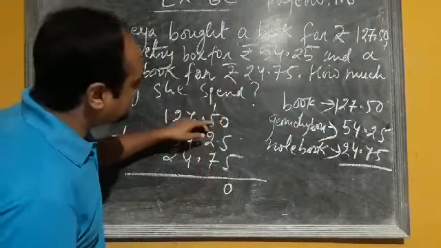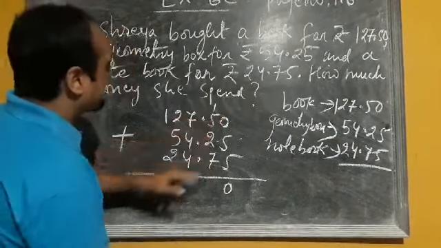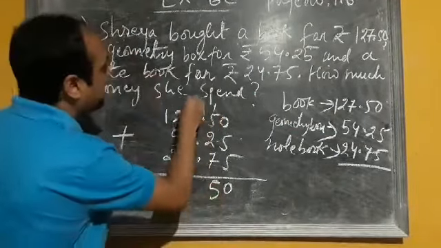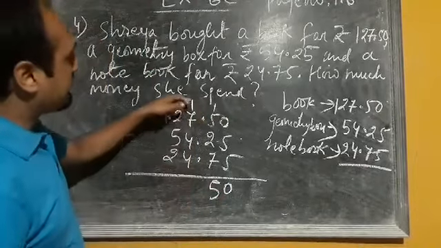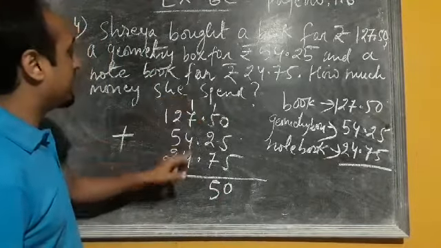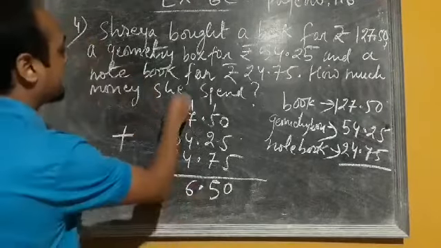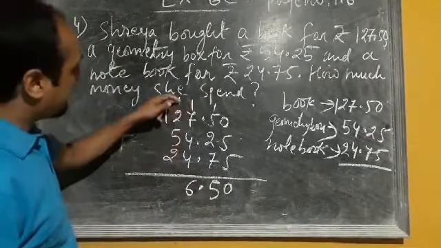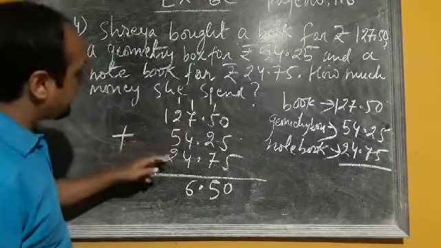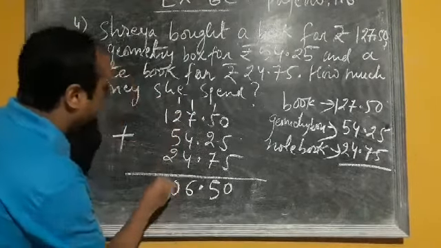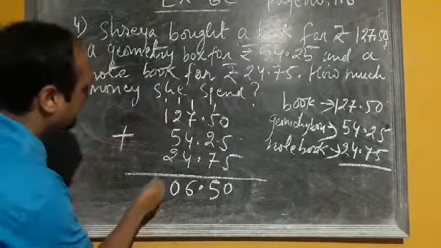So 5 plus 1, 6, plus 2, 8, 8 plus 7, 15, 5 carry 1. So 7 plus 1, 8, 8 plus 4, 12, plus 4, 16, 6. Here decimal point, 6 carry 1. So 2 plus 1, 3, 3 plus 5, 8, 8 plus 2, 10, 0 carry 1. So 1 plus 1, 2.